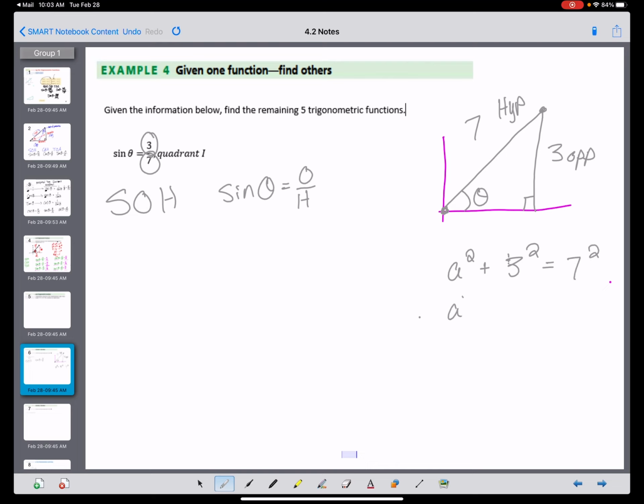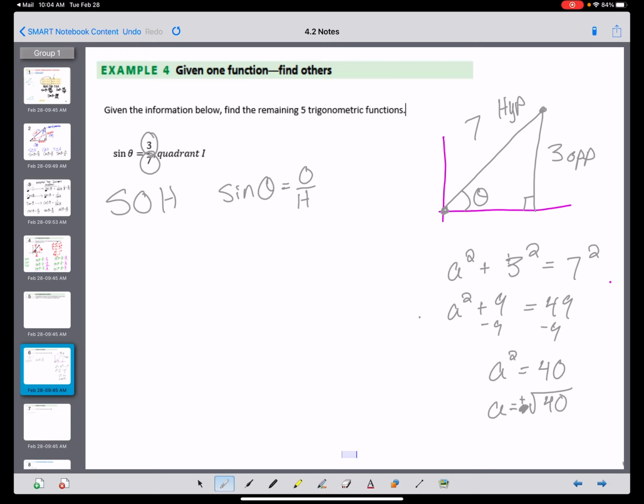All right, so a squared plus 9 equals 49. Subtract 9, subtract 9. So I got a squared is equal to 40. I take the square root of 40. A is equal to the square root of 40. And I should say plus or minus, but since the hypotenuse is always positive, square root of 40.